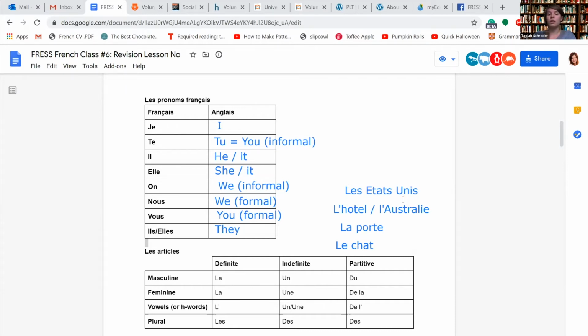You could use the same examples that you've got here, le chat, la porte, l'hôtel, except not les États-Unis. You have to use one of the others, like le chat would become des chats. That's the way in which the des is used, because you have plurals of something, but effectively it follows in the same way.